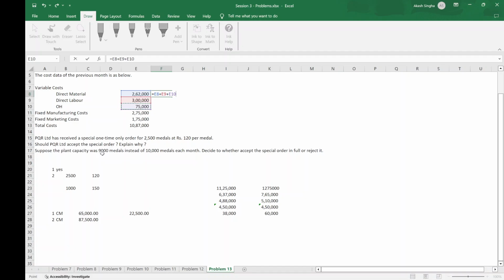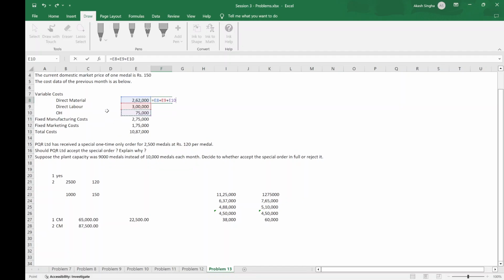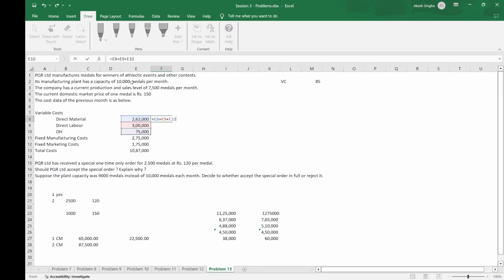Suppose the plant capacity was 10,000 medals. Okay, 10,000 is given. So if we sum all three and divide it by the units, we'll get our variable cost per unit.